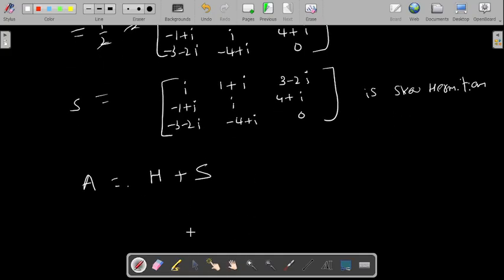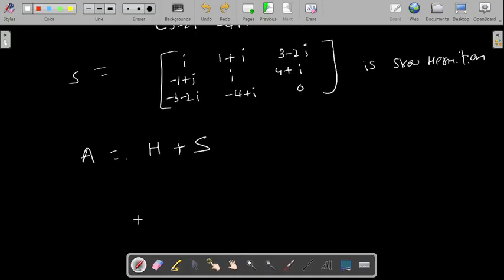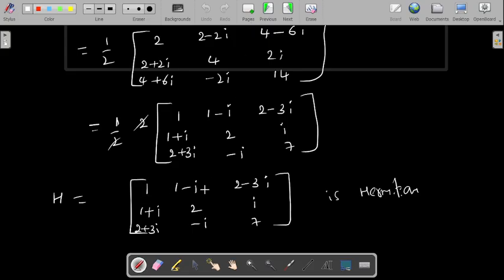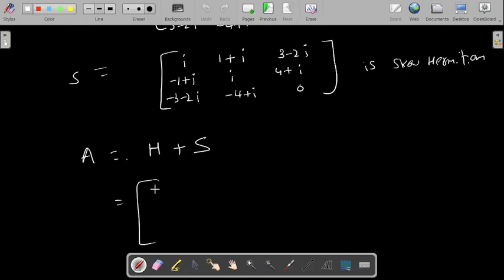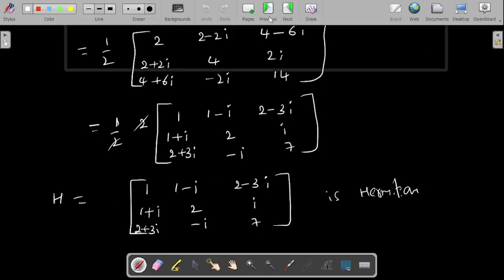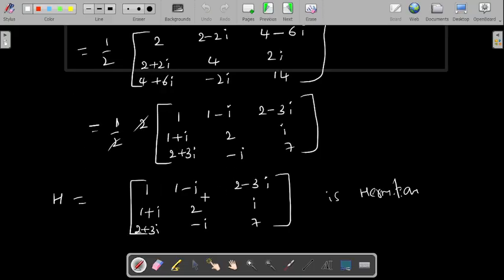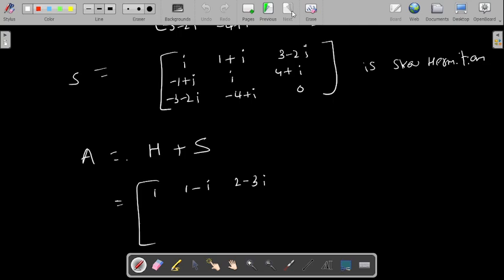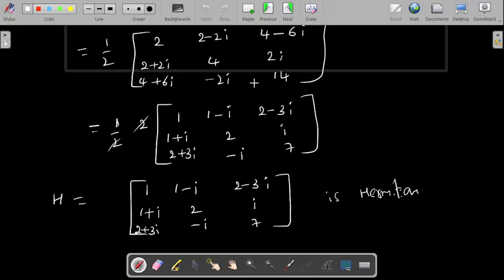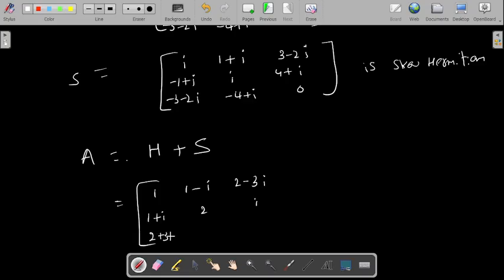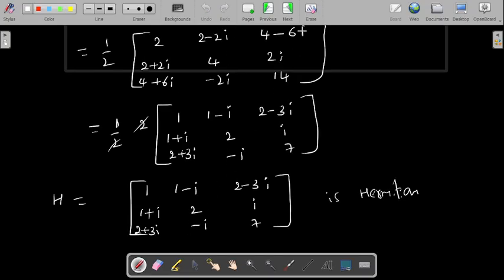Okay. If you want to, you can stop here. Otherwise, you can write the H matrix. What is H? 1, 1 minus I, 2 minus 3I, 1 plus I, 2I, 2 plus 3I, minus I, 7.